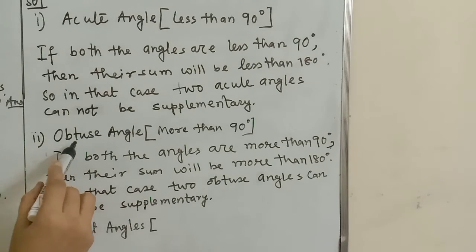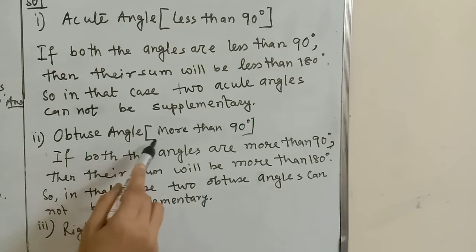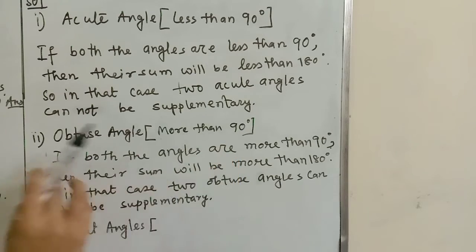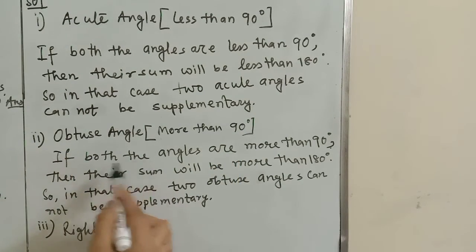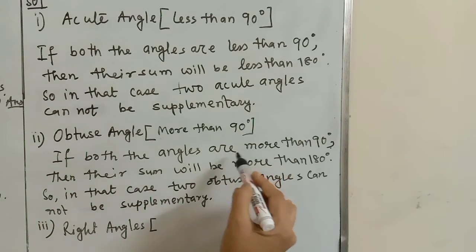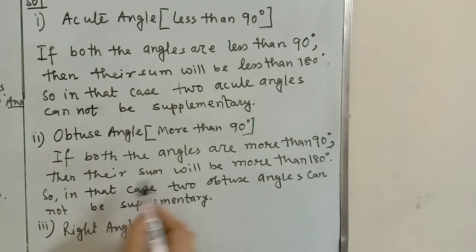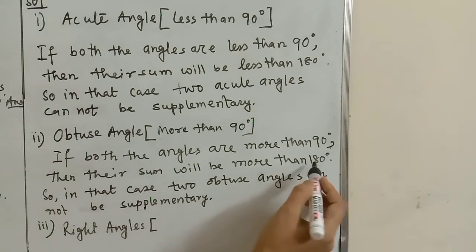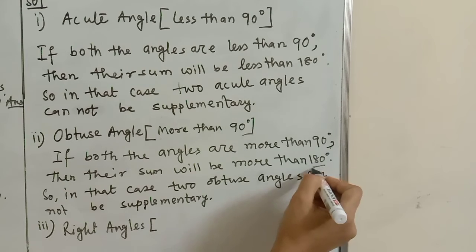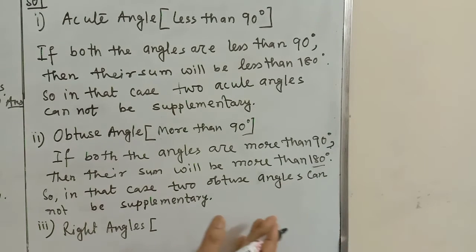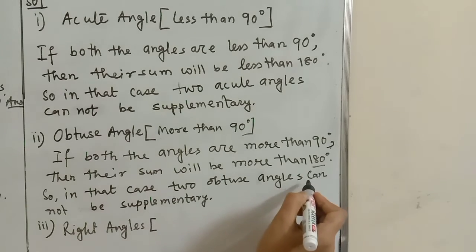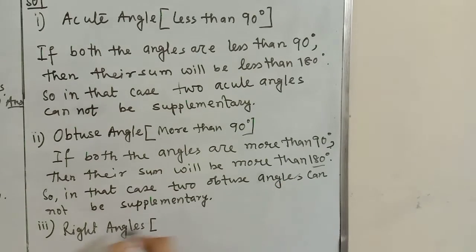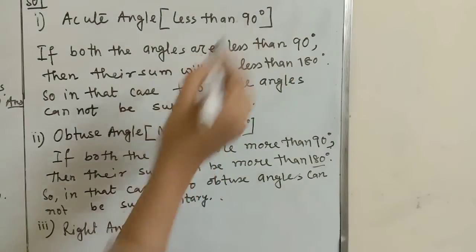Now, if both angles are obtuse angles, that means both are more than 90 degrees, and then the sum will be more than 180 degrees. If the sum is more than 180 degrees, they cannot be supplementary angles. So in that case, two obtuse angles cannot be supplementary. Now the last one is right angles.